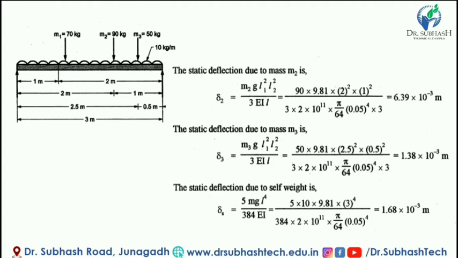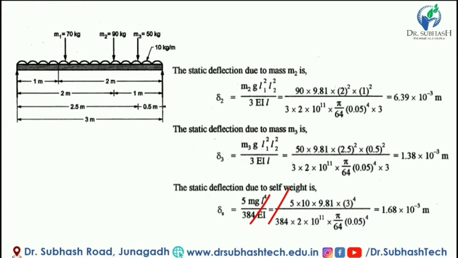For a simply supported beam loaded with a UDL, the deflection is found with an equation that changes compared to the point load: 5 mg L⁴ over 384 EI.